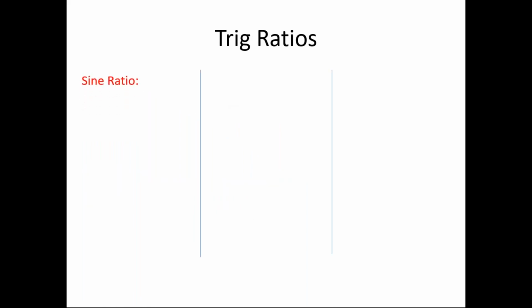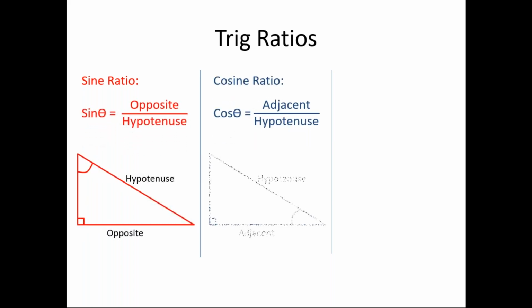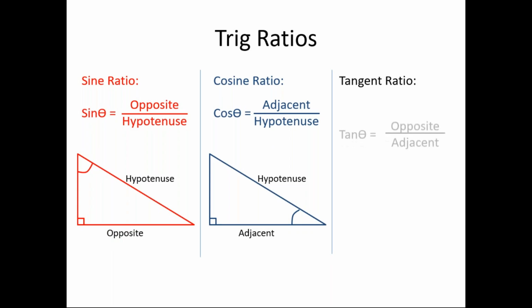So, trigonometric ratios. We have three trigonometric ratios: sine, cosine, and tangent. Sine is written as sin, and for any angle we have a sine. For example, sine of this angle is going to be the opposite leg divided by hypotenuse. So this trigonometric ratio shows the ratio or proportion of the opposite leg to the hypotenuse.